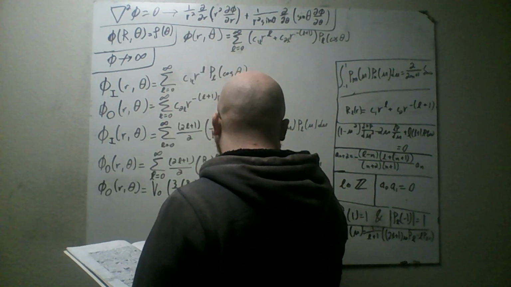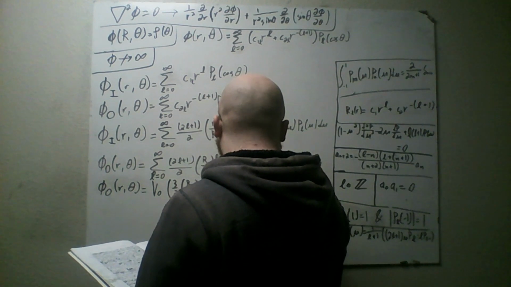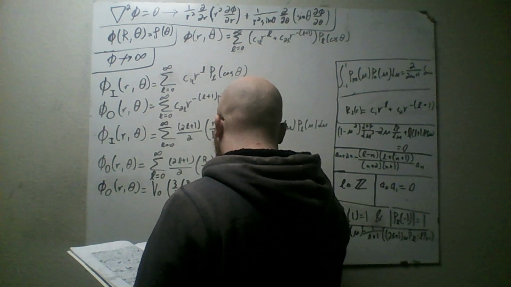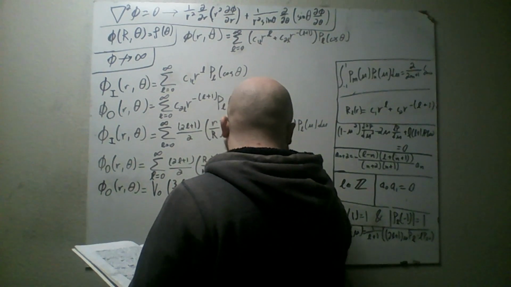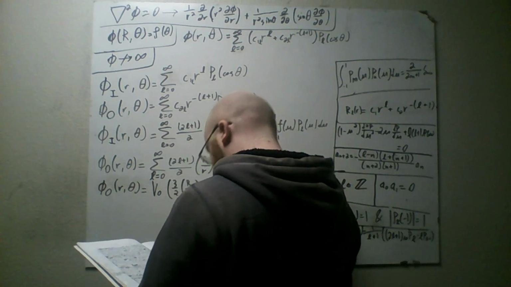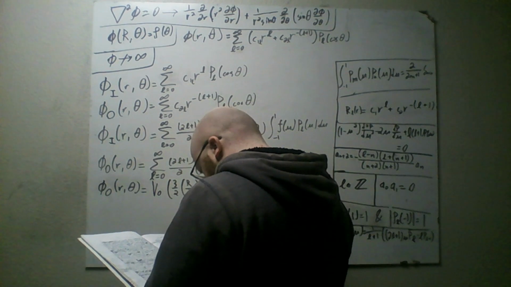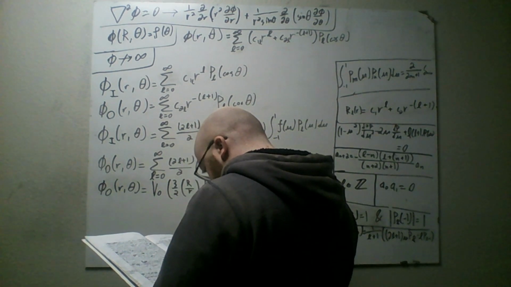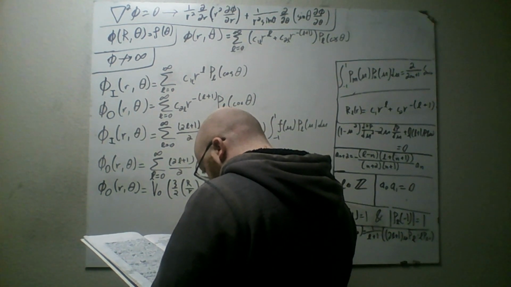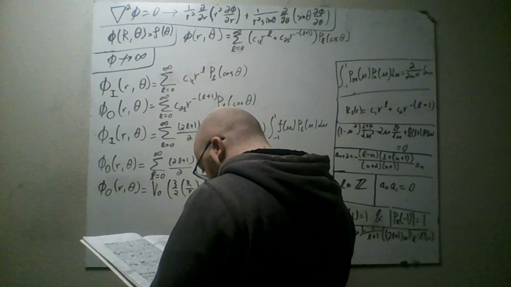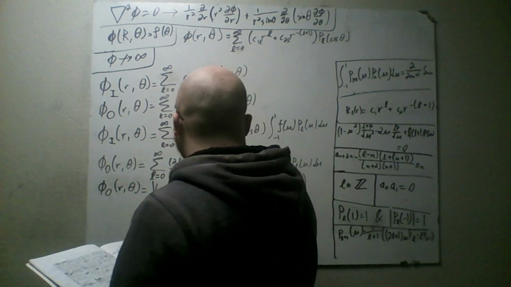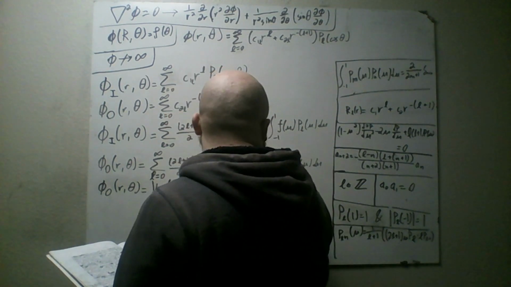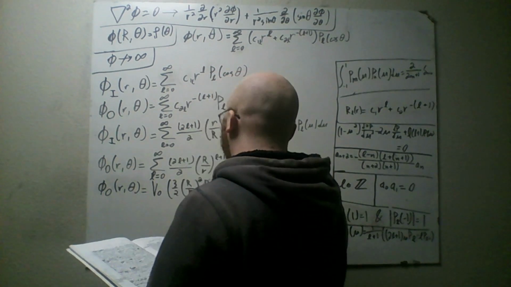So R over r cubed times 3 cosine theta. Oh, I'm getting the sign wrong. So this should be squared, or this should be the 4th outside the sphere.